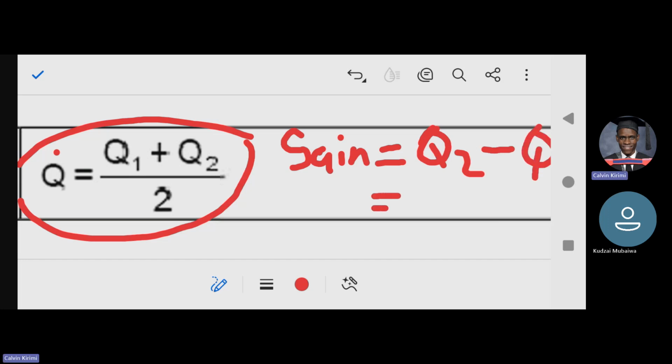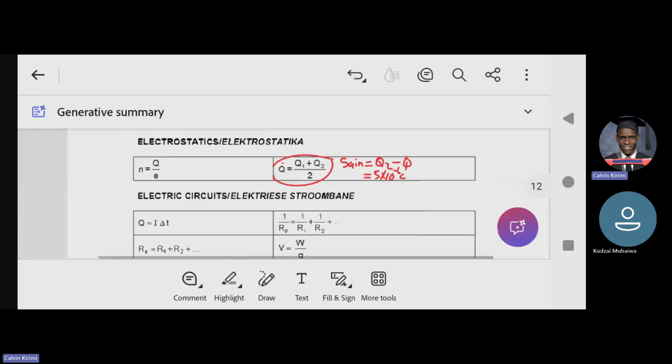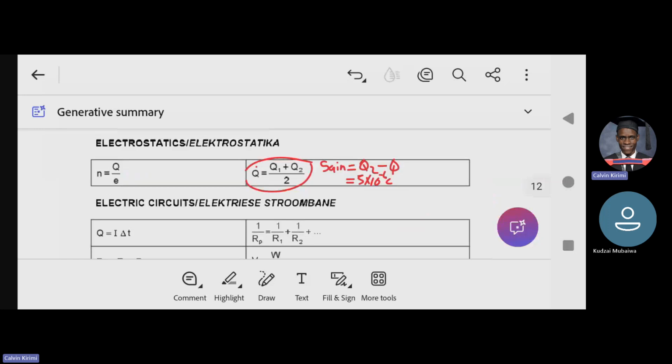That gain was equal to 5 times 10 to the power negative 6 coulombs. So this gain is what we are referring to here as our Q.